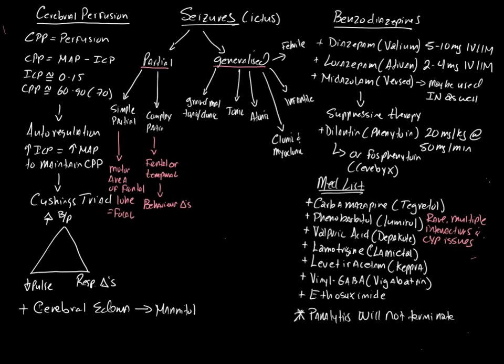And basically the pathophysiology of an ischemic stroke is very similar to the pathophysiology of a STEMI, or an acute coronary syndrome. You have some plaque that develops, there's some sort of rupture that initiates the clotting cascade, the intrinsic pathway, then goes into the common pathway, and a thrombus is formed, and that causes an occlusion.